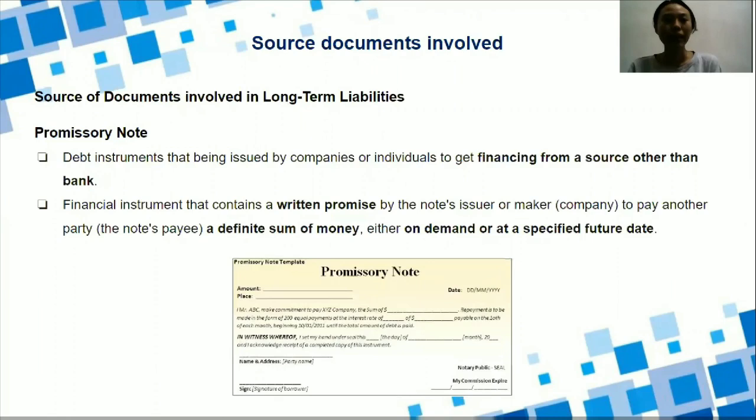It is a financial instrument that contains a written promise from the borrower, which is the company, to pay another party, the lender. They will pay a sum of money either on demand, which is now, or at a specific future date. And I already provide an example here of the promissory note.